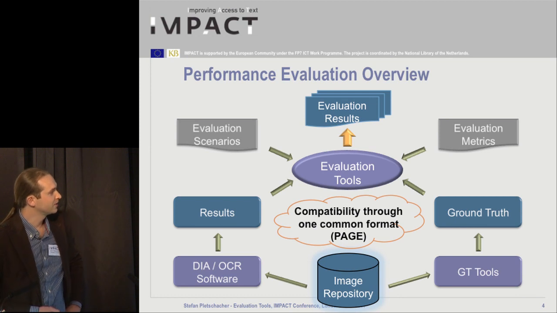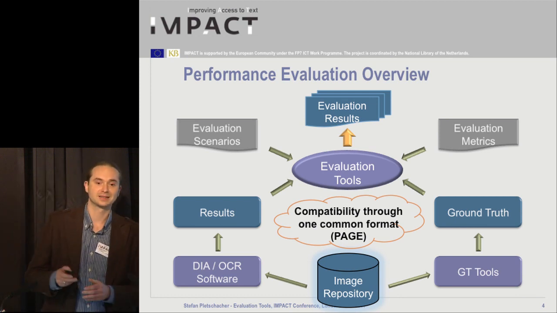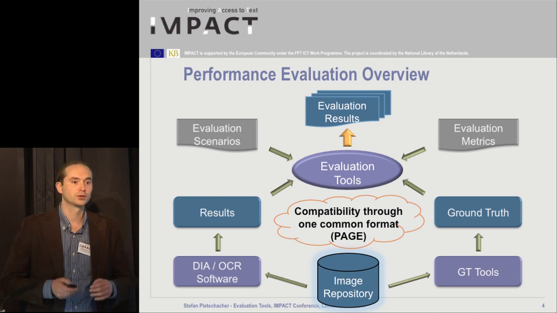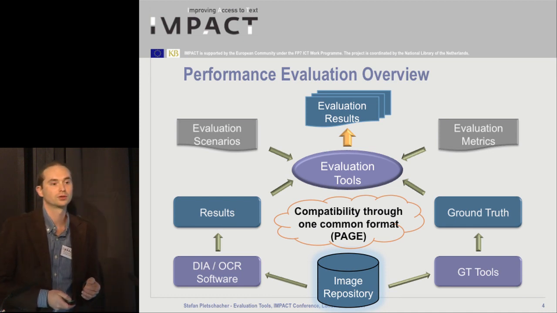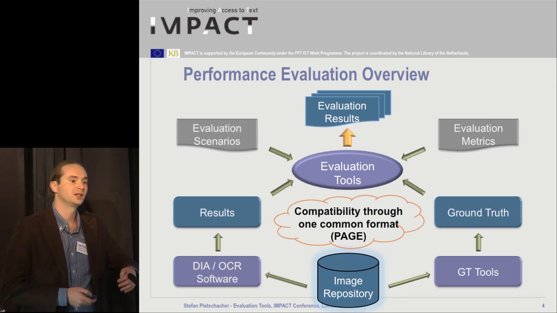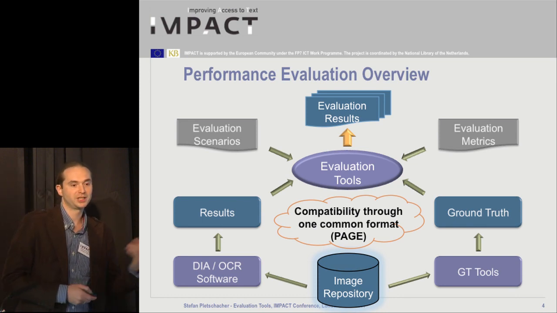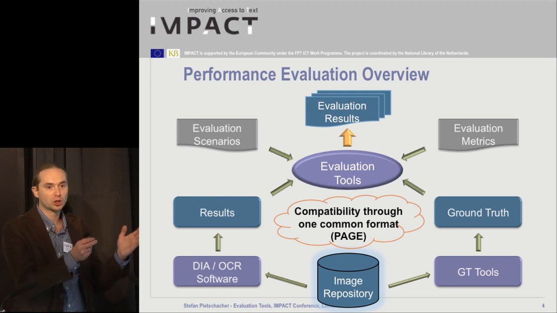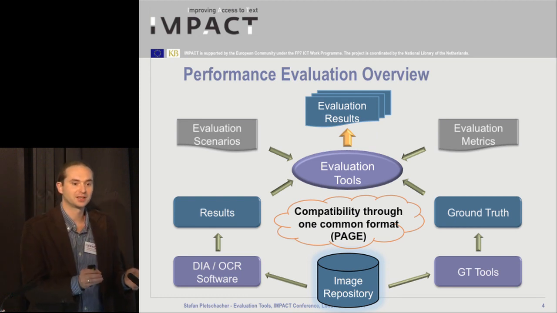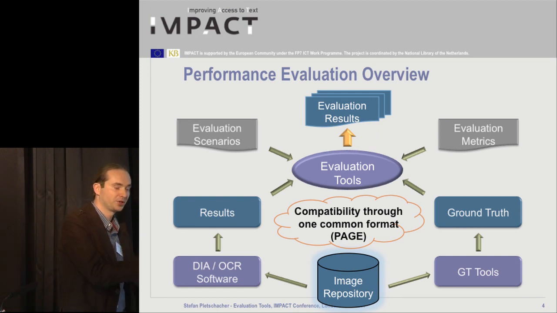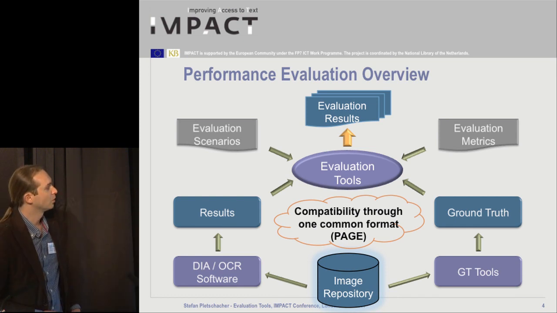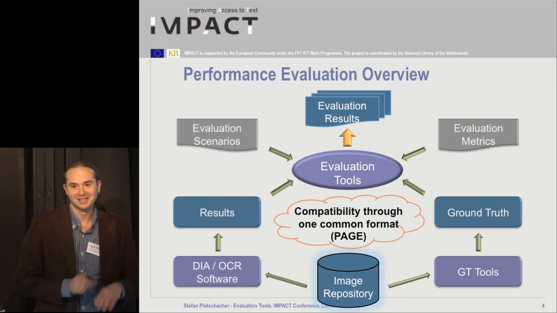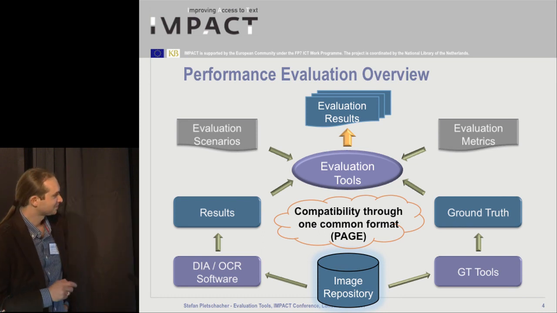So ground truth is not necessarily just the final text. It is also, say, regions for segmentation. It can also be the ideal binary image, or it can be a dewarping model, maybe some grid that you would use to map the distorted image to a perfectly straight image. So ground truth can be all that. It's not just text. I'd really like to emphasize that.